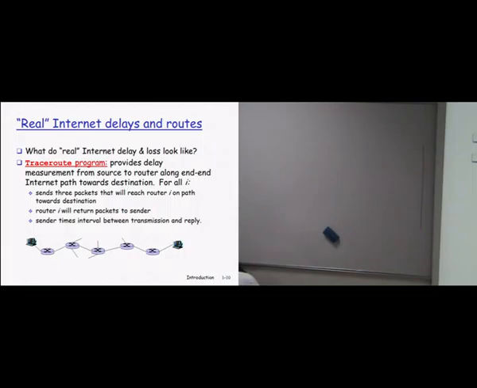Every node will have how many types of delays? 4 types of delays. So the whole delay will be the sum of all the delays on all these intermediate nodes, because these are the intermediate hops in between.